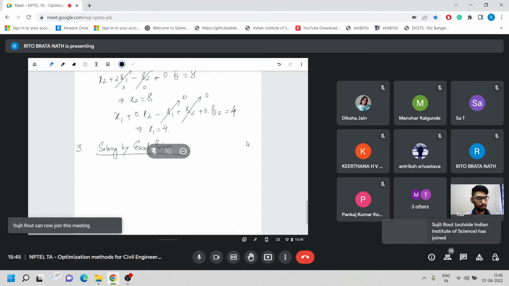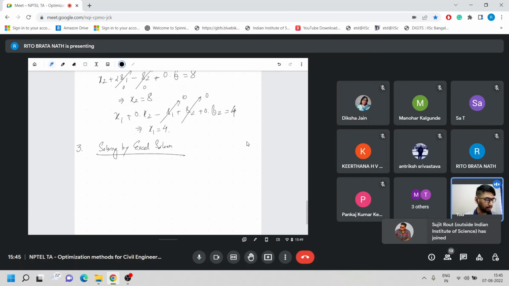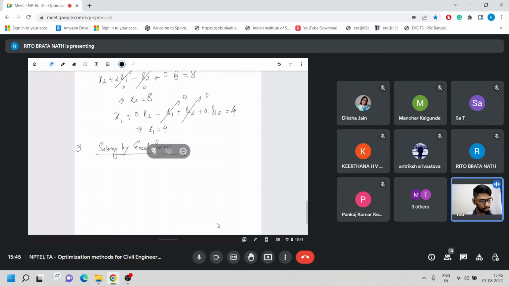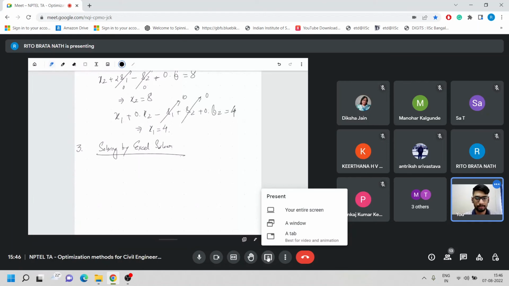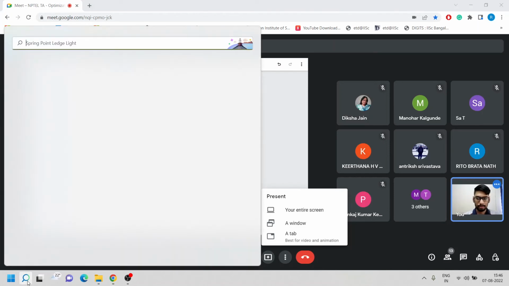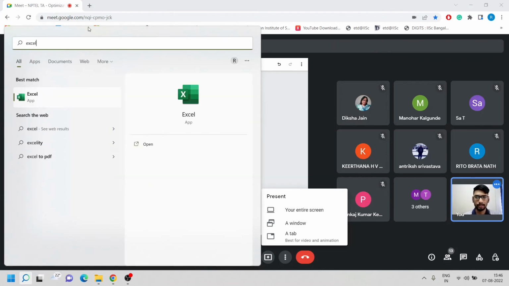Okay, then I'll show it. I think again my screen might lag, but that's fine. So I'll quickly show the same problem that I have just now solved, in Excel. Just a minute. Open Excel.